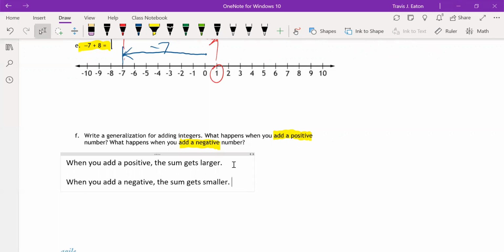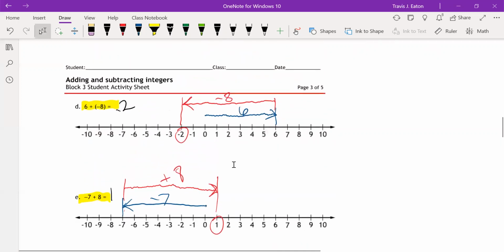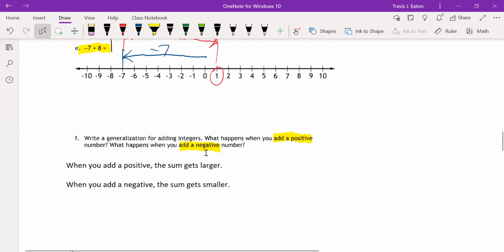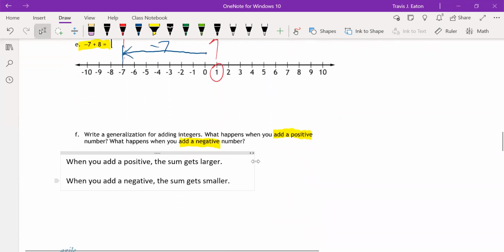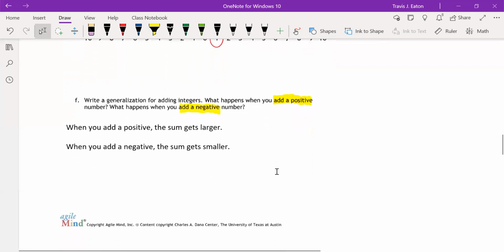That makes sense because you'll notice in this one here, we added -8, and when we added -8 from 6, we're moving to the left on our number line, and that made the sum get smaller. Okay, so that's something that you definitely need to make sense of as we move through this. Adding a positive, sums get larger. Adding negatives, the sums get smaller. It's as simple as that.